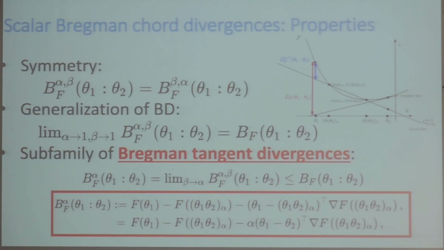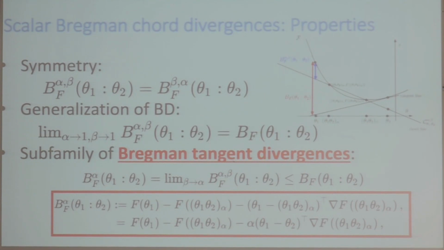Okay. So we have some properties, obviously. One is the symmetry: if we swap alpha and beta, the chord is the same. And then we also have a generalization: when alpha tends to 1 and beta tends to 1, our chord divergence will tend to the ordinary Bregman divergence.